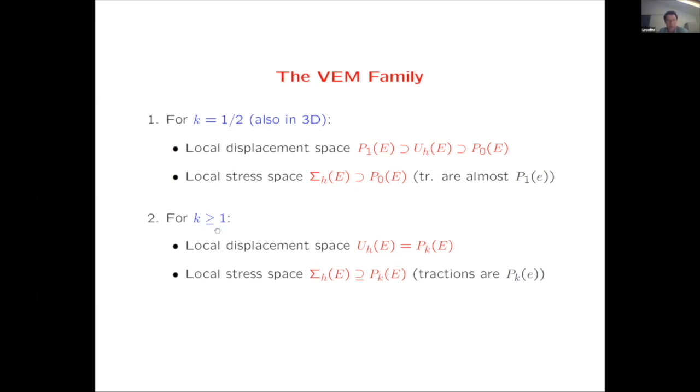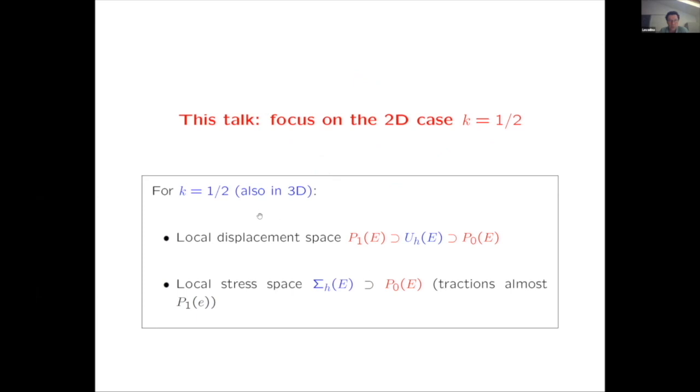And for k greater than 1, we have a whole family which basically has the same structure. So in this talk, I would like to focus on the two-dimensional case and also on the lowest order case, just to show you the idea of the design of such elements.